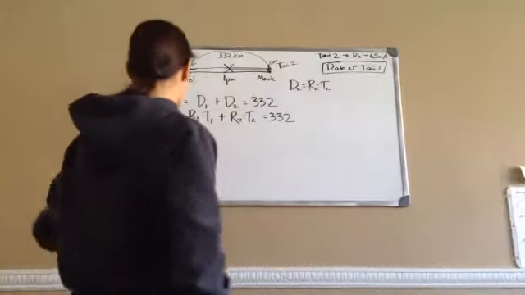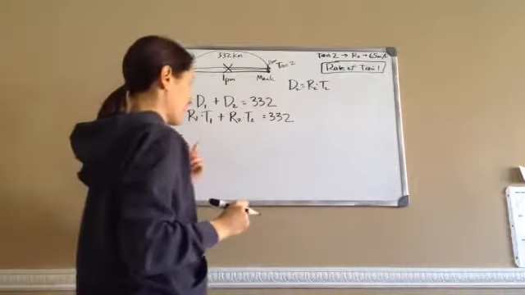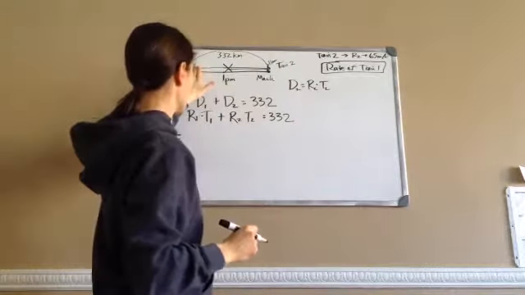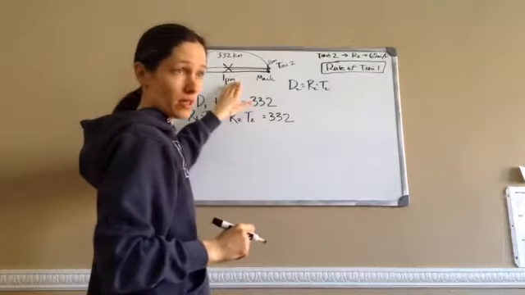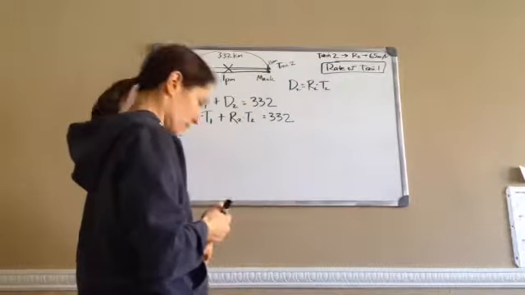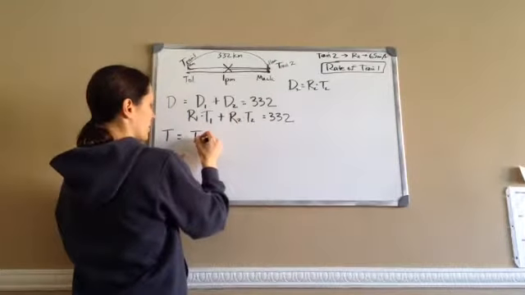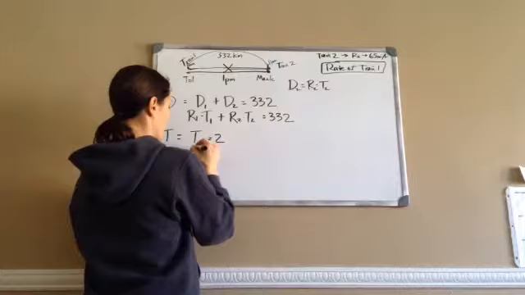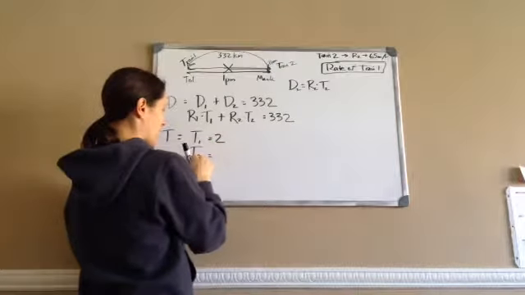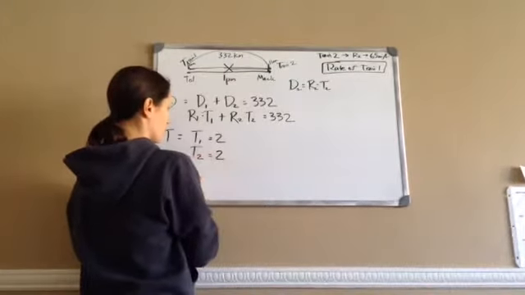Yep. All right. Now, do we know time? Well, we know that they left at 11 and they collided at 1. How many hours is that? 2. Right, 2. So the time of train 1 is 2, and the time of train 2 is 2. Yep. So they're the same.